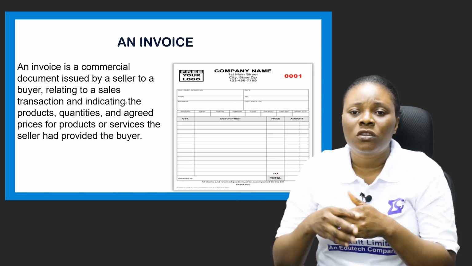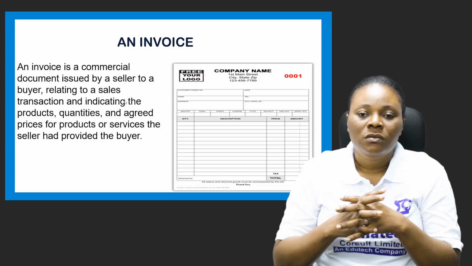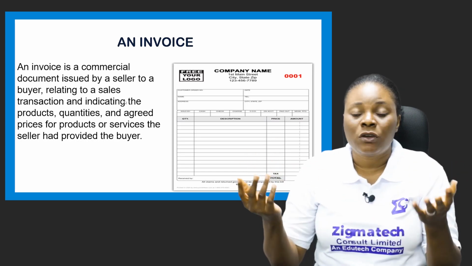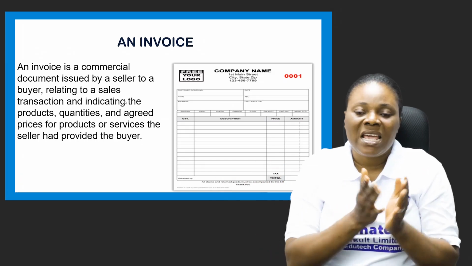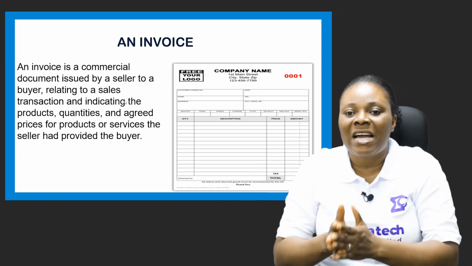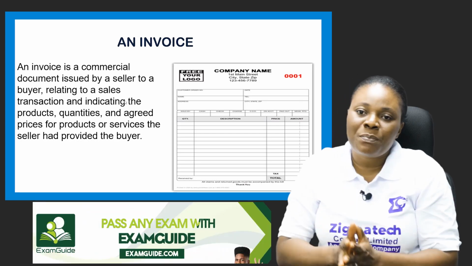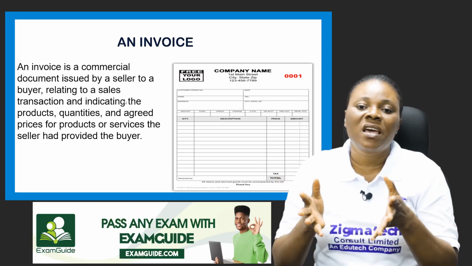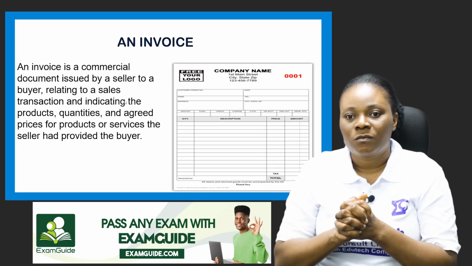It's a commercial document that is handled or issued by a seller to a buyer. You can be asked in the exam, an invoice is prepared by dash to dash. Is prepared by a seller to a buyer relating to the sales transaction.